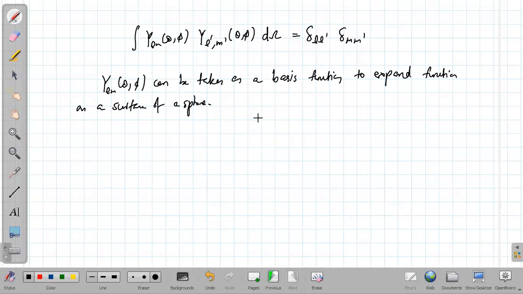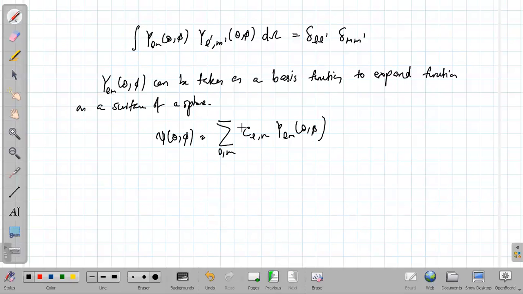So if you want to express any wave function of a particle on the surface of a sphere, it will be some arbitrary function, and that arbitrary function would be the superposition, or the sum, of these Y_lm(theta, phi). Any function psi(theta, phi) can be written as a sum over l, m of some expansion coefficient C_lm times Y_lm(theta, phi).